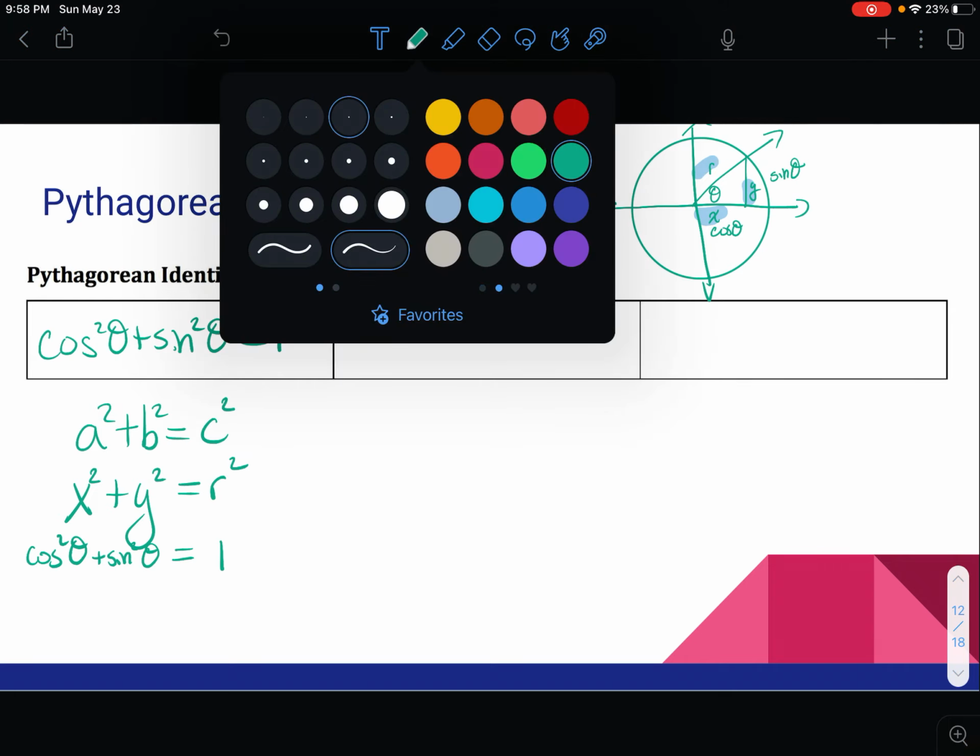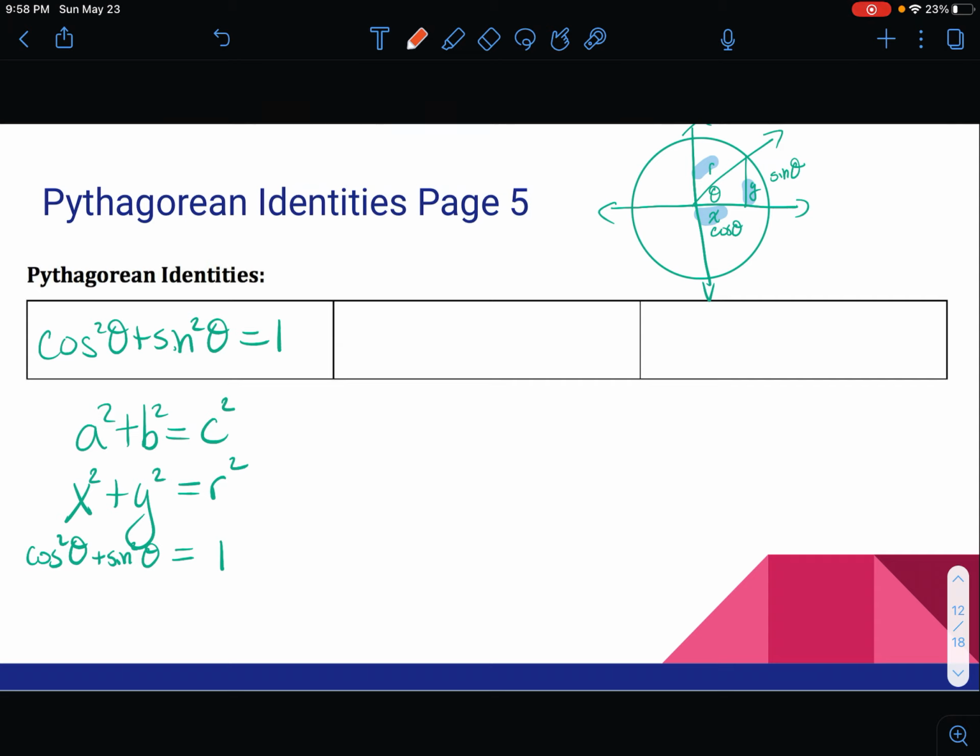Now, the other two identities are going to stem from this first one. So let's take this original Pythagorean identity, and do some division and see what happens. If I divide both sides by sine squared theta, don't forget we have to divide each term and split that fraction.